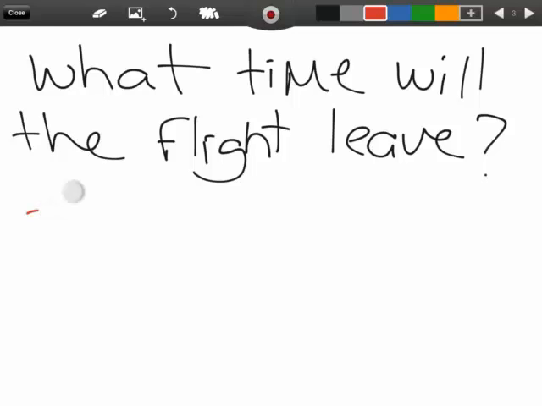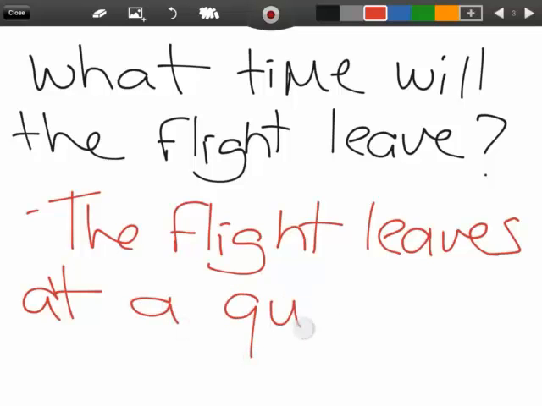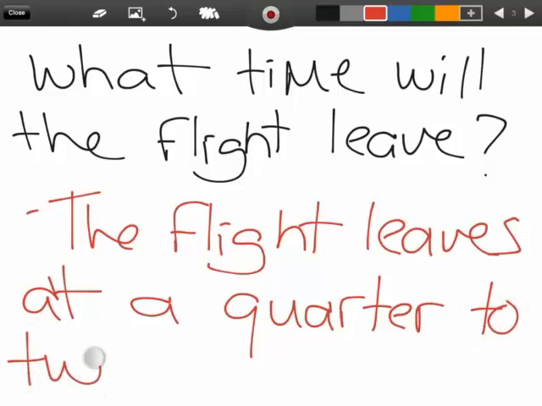I would say the flight leaves at a quarter to 2, and that will be 1:45, as in quarter to 2. So someone came up to me, asked me what time will the flight leave. I would respond by saying the flight leaves at a quarter to 2.